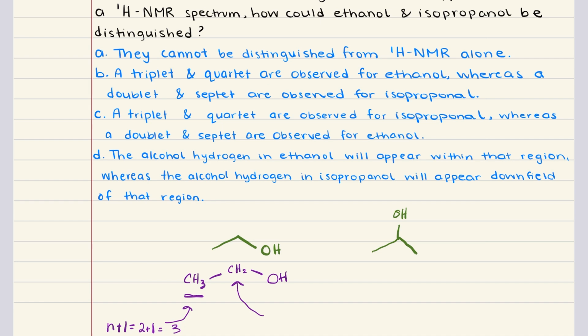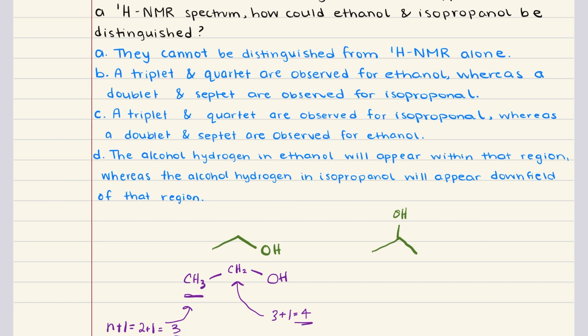That means that the methylene signal will appear as 3 plus 1, which is equal to 4. It will appear as 4 peaks, or a quartet. So for ethanol, in the 0 to 4.5 ppm region, we're going to see a triplet and a quartet.